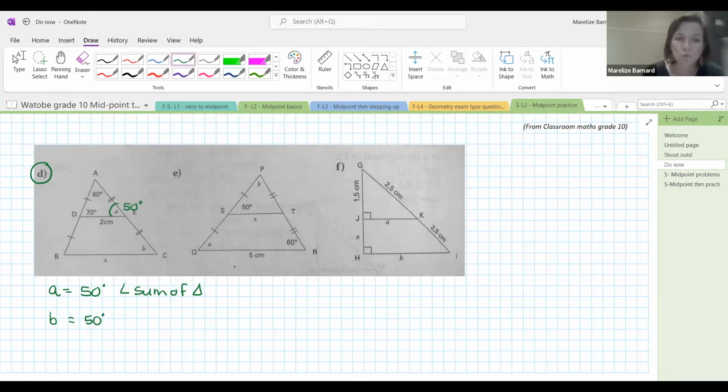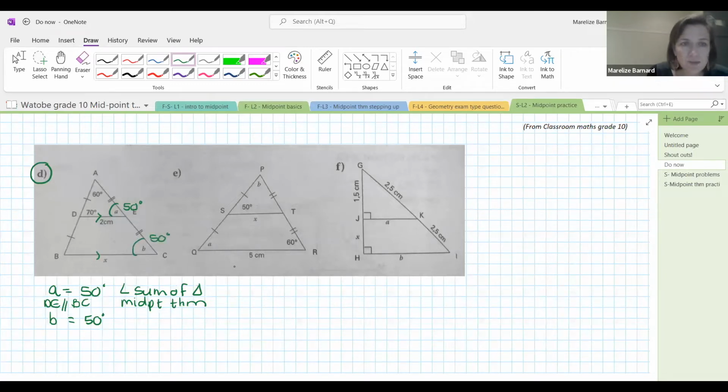Before we can say that, we must say that DE, you must tell the whole story. You can't leave anything out. DE is parallel to BC. Why do we say that? That's because of the midpoint theorem. Then B is 50 as well because of corresponding angles and because of those parallel lines.